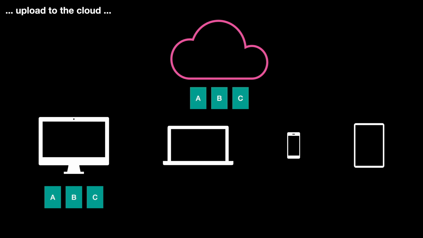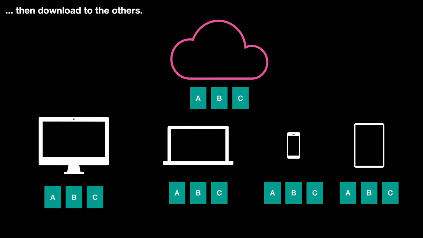These automatically, without any effort from you, go up to the server from Apple that has all the iCloud files. So files A, B, and C are now on iCloud. Then these are copied to all of your other devices. So by just creating files A, B, and C on your iMac, they automatically go to iCloud and automatically go to all your other devices as well.